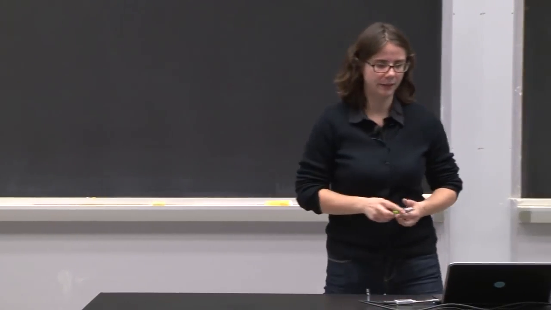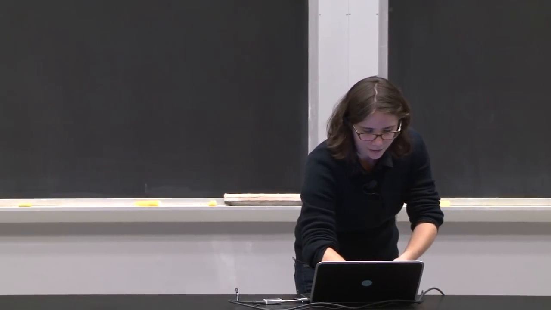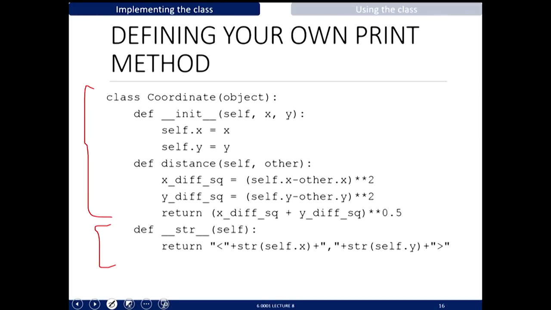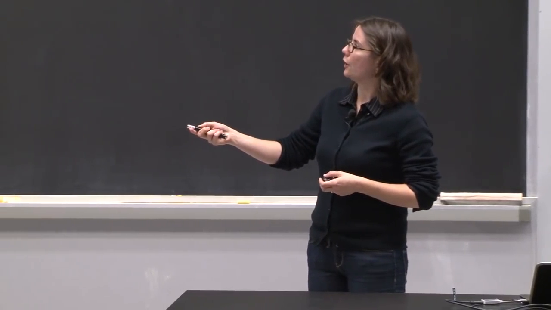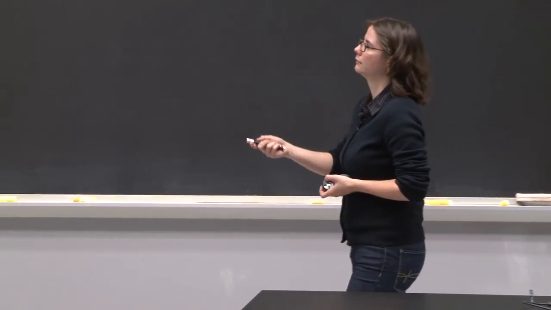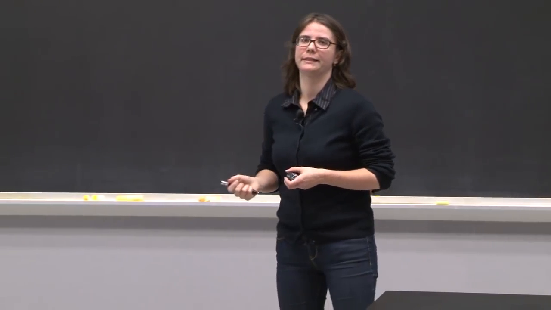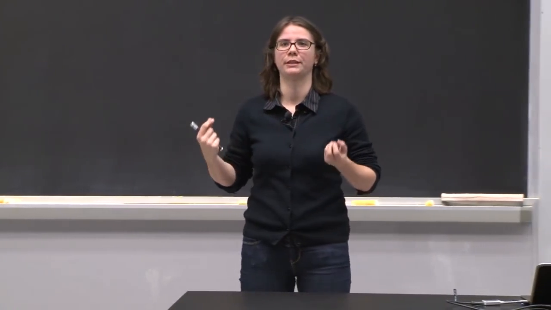All right, so how do we define this? So far, we've defined the __init__ and the distance, and the last part is going to be new. Let's define this __str__. __str__ is a method. It's only going to take self because you're just calling print on the object itself.